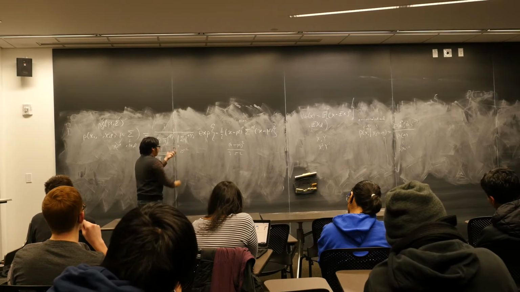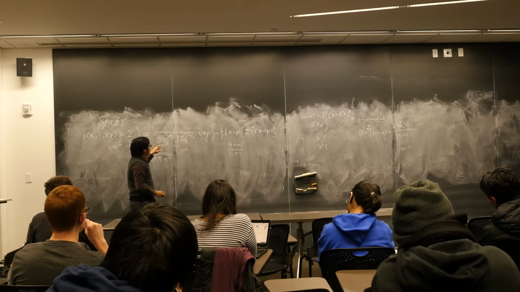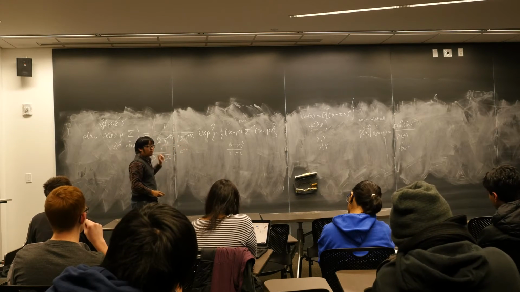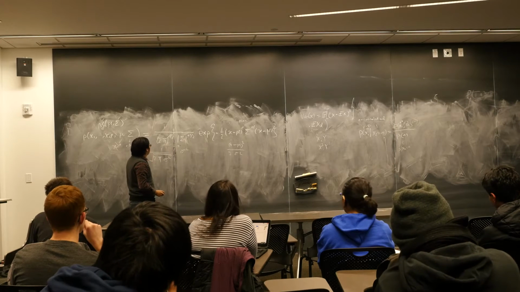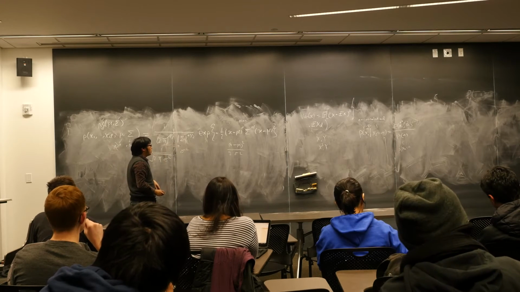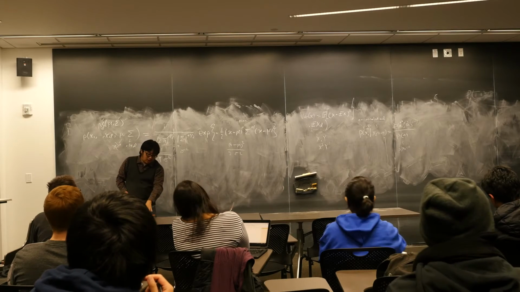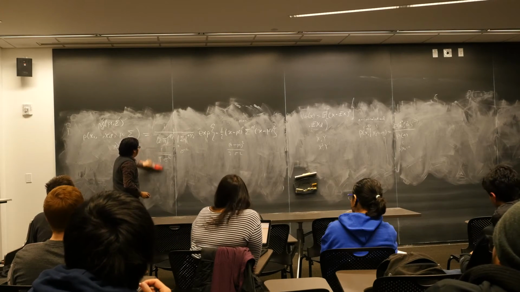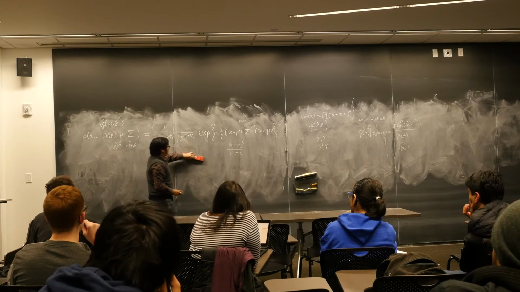Sigma squared is the variance. So when d equals 1, it will reduce to the one-dimensional Gaussian case. And for general d, this will be the definition of a multivariate Gaussian distribution. So let's first see some of its properties.